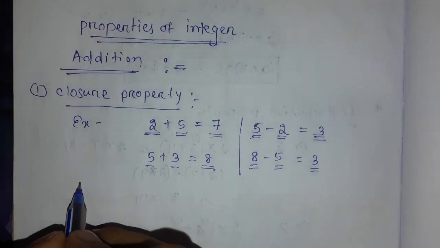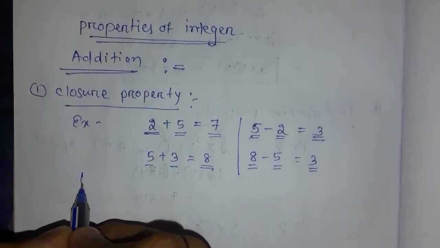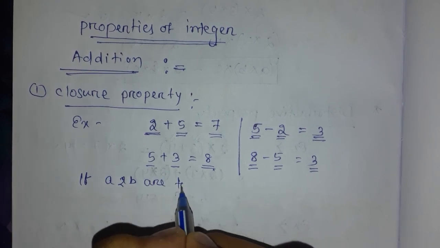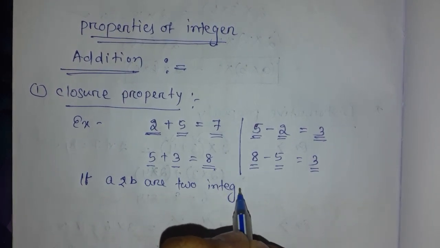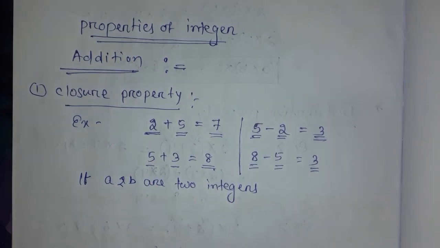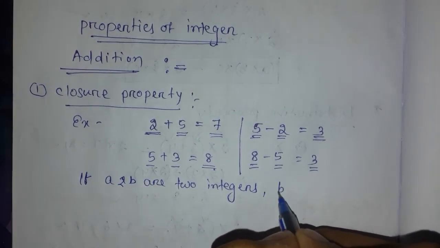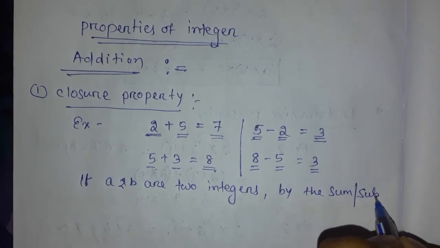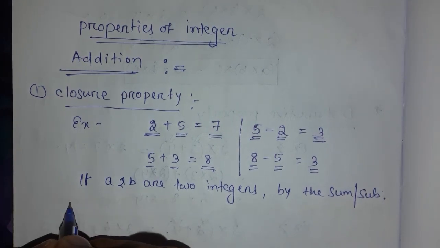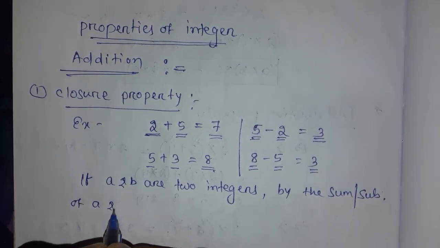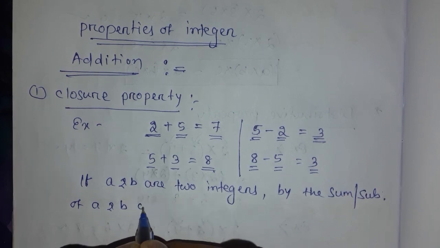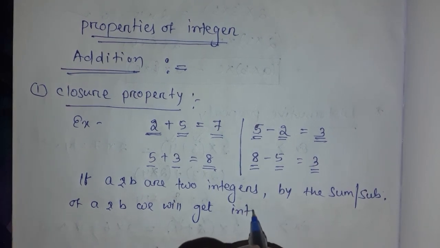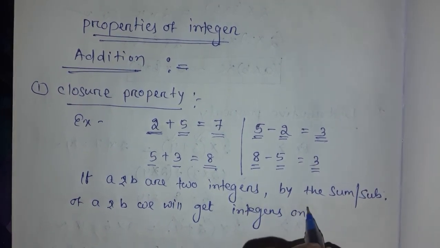How can we say it in the formula? If A and B are two integers, then the sum or subtraction of A and B will be an integer only.